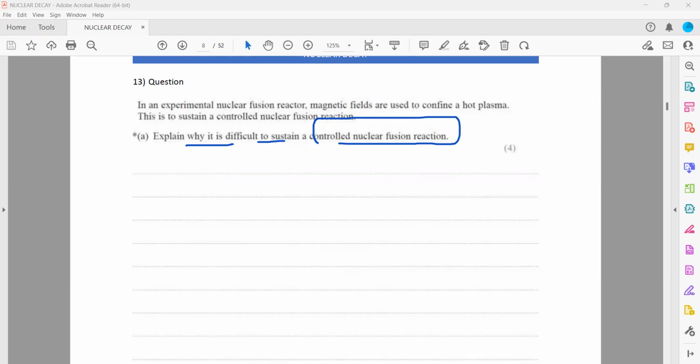So why is it difficult to sustain a controlled nuclear fusion reaction? First, for a nuclear fusion reaction, we need a very high temperature to collide or to overcome the electrostatic repulsion.